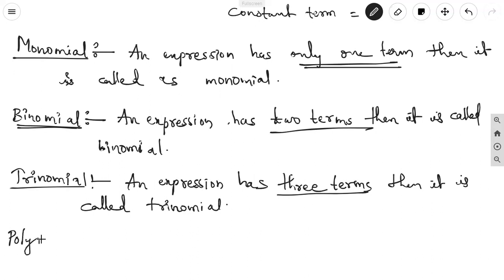Polynomial. A polynomial is an expression in variables which has no negative integers as exponents.